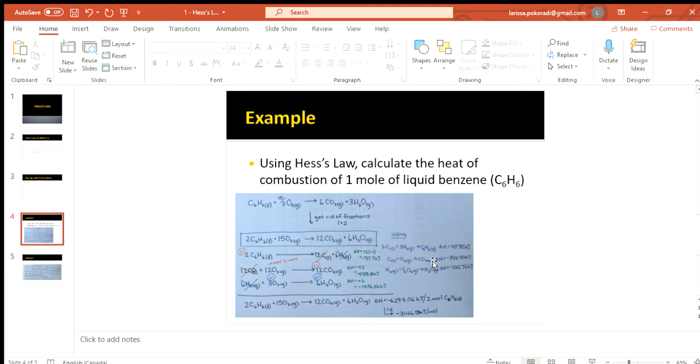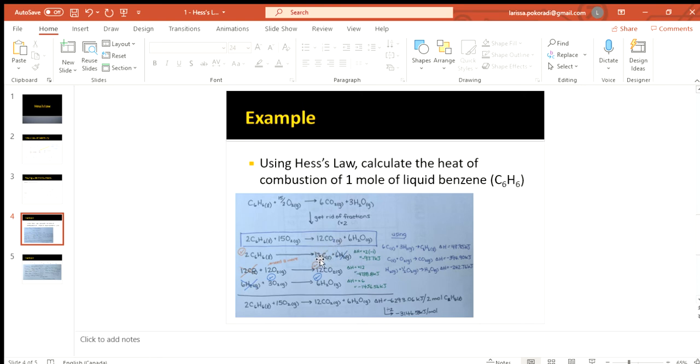My second reaction is going to help me get rid of this carbon that I don't want, and also help me get this carbon dioxide into the reaction because I do want it. It's in this box right here. You can either look at the carbons or look at the carbon dioxides that you want and see that you want to multiply this by 12, right? Because we want to make sure we have 12 carbon dioxides in the reaction.